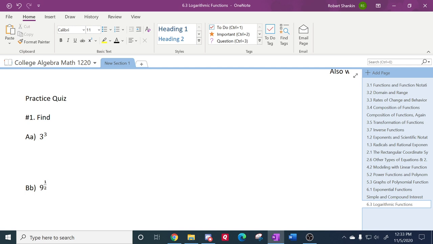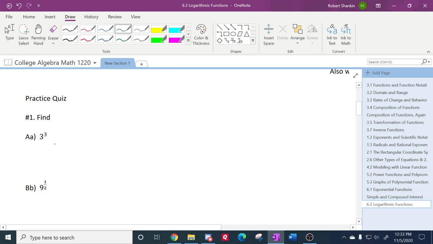All right, so three to the third, although my brain wants to call that 9, that's 3 times 3 times 3, which is 27. And 9 to the 1/2, my brain wants to call that 4.5, but that's not what it means.